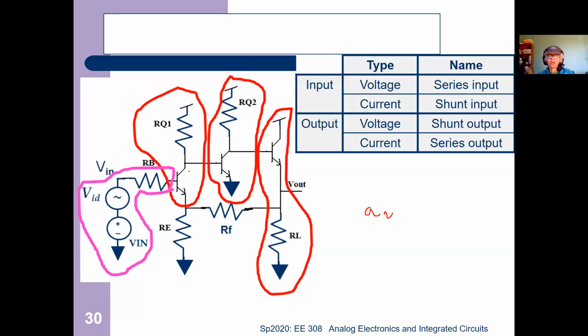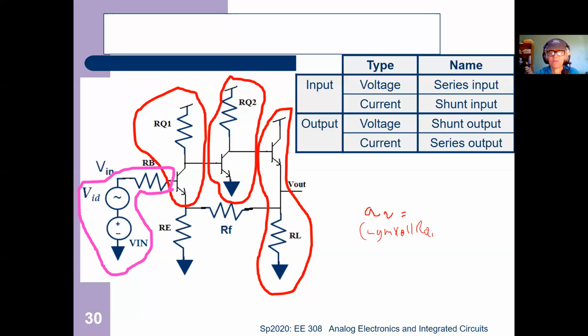So what's the gain of a common emitter with a passive load? Negative GM times RO in parallel with RQ1. RQ1, perfect.